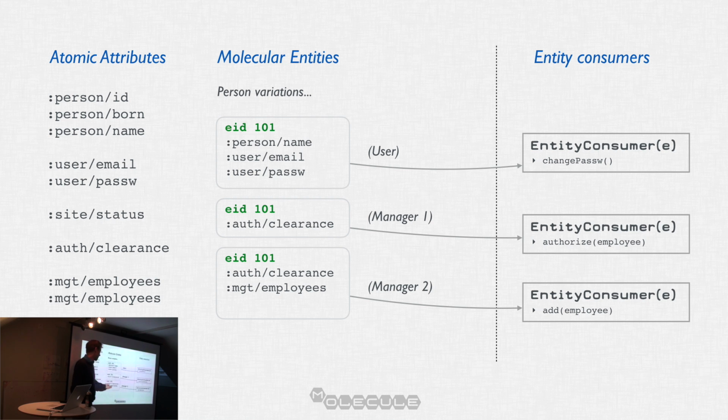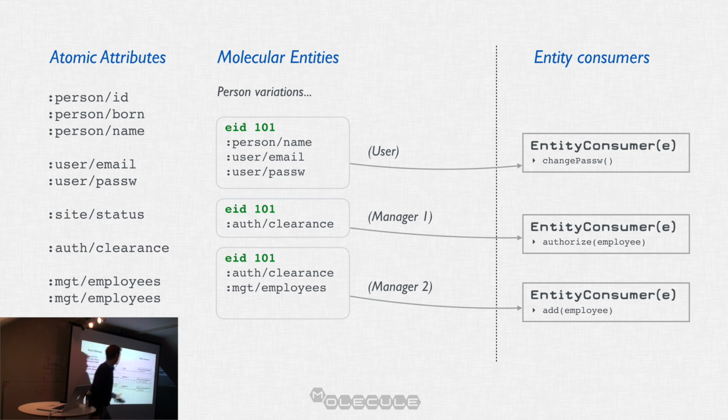Or if it's a manager who has to manage some employees, it's other attributes that are related to that person. So it gives flexibility domain modeling wise to have the ability to combine non-intrinsic properties of entities. Are you following me?